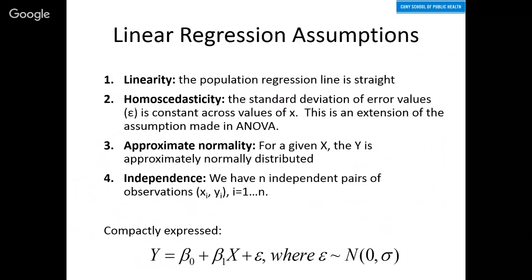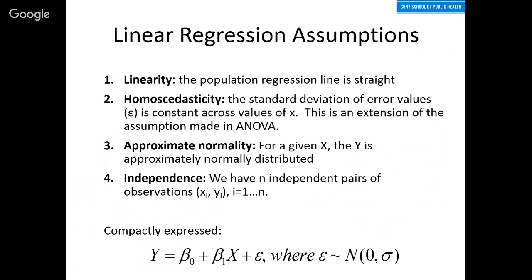Approximate normality, that for a given x, y is approximately normally distributed. And you'll note this is somewhat different from just saying that y is normally distributed or x is normally distributed. X doesn't have to be normally distributed, y doesn't have to be normally distributed.